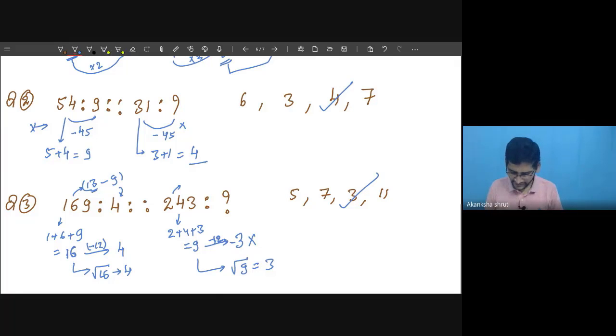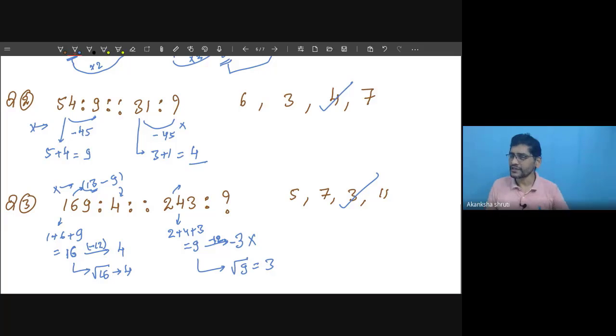Is this a square of any number? No, it is not the square of any number, because 81 times 3 is your 243. So thinking for the square root, then subtracting 9, this approach is also rejected.